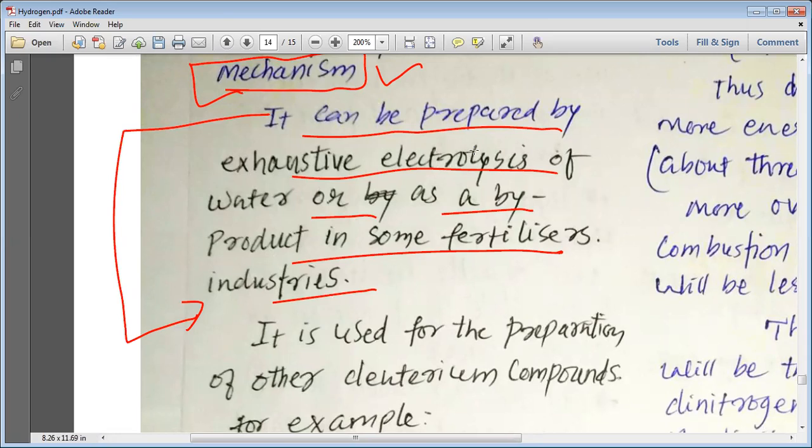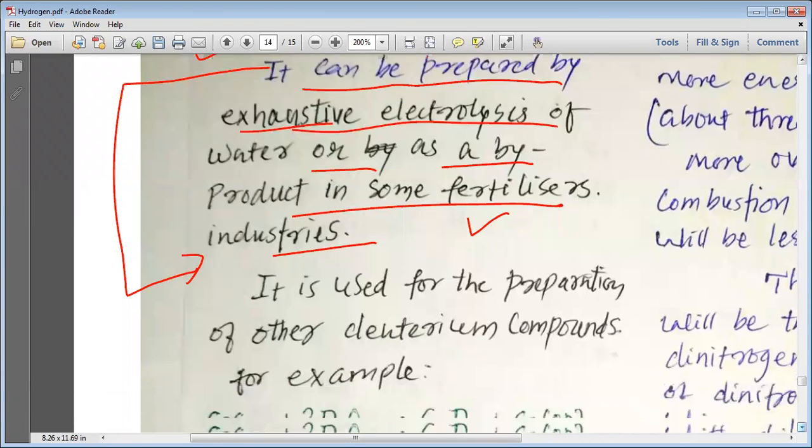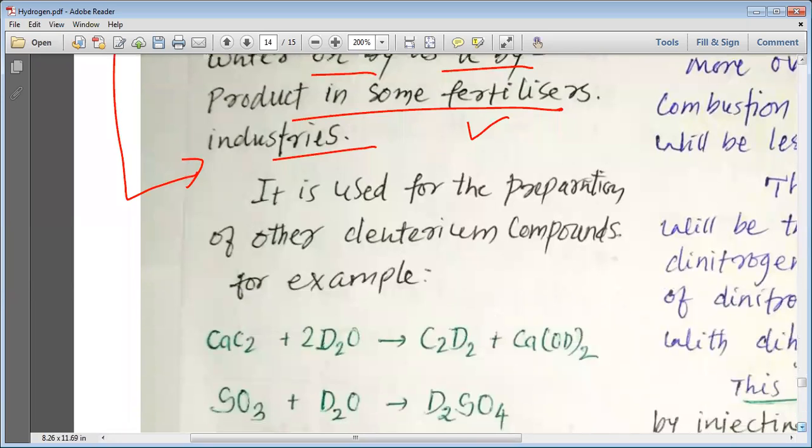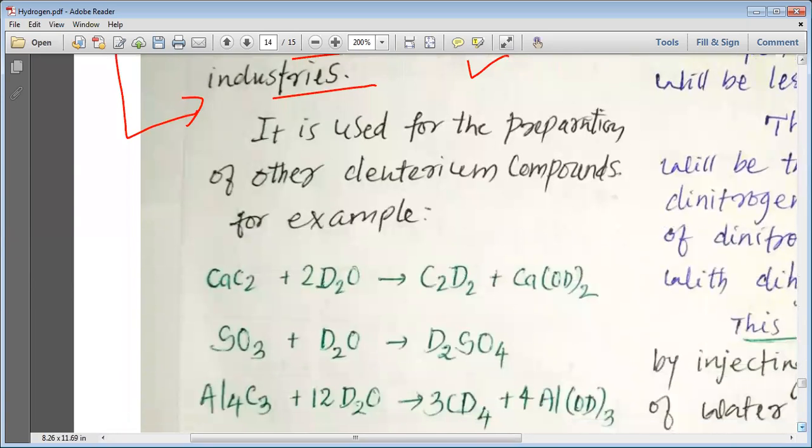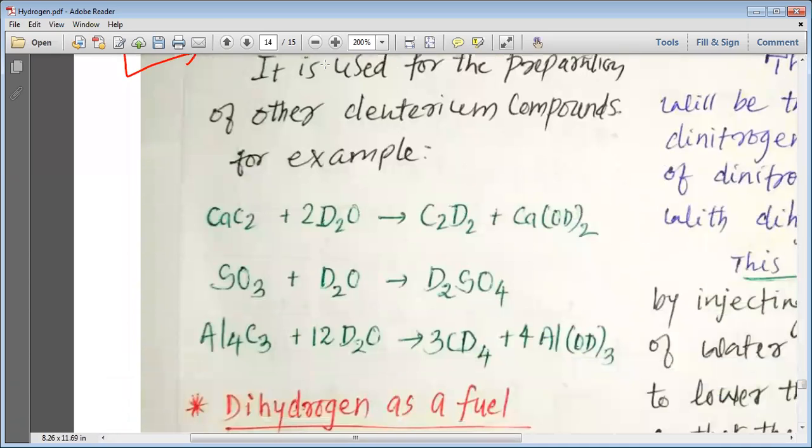Electrolysis is the process of passing electricity through the water. And if we pass the electricity for a long period of time, we can form D2O. It is also produced as a byproduct in the fertilizer industry. Now let us see some other use.